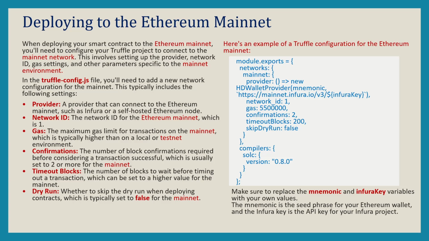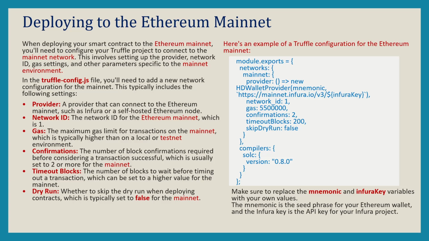The mnemonic is the seed phrase of your Ethereum wallet, as I told before, the 12-word seed phrase, and the Infura key is the API key for your Infura project, as I explained. Okay, so here's the explanation of the code. So first would be the provider. This is a function that returns a new instance of HD wallet provider, which is used to sign transactions for addresses derived from a mnemonic, a string of words that generate a deterministic wallet, right?